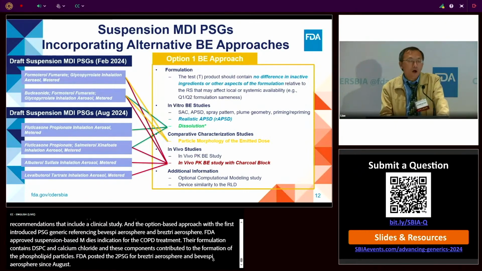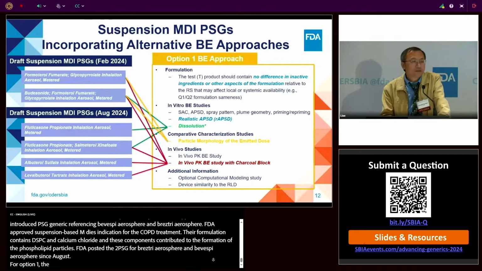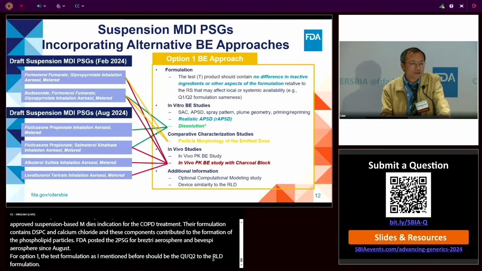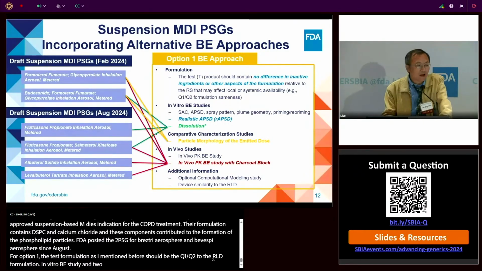For option 1, the test formulation, as I mentioned before, should be Q1, Q2 the same as the RLD formulation. The in vitro BE study includes the conventional in vitro BE study and the 2 additional in vitro BE studies: realistic APSD and the dissolution.